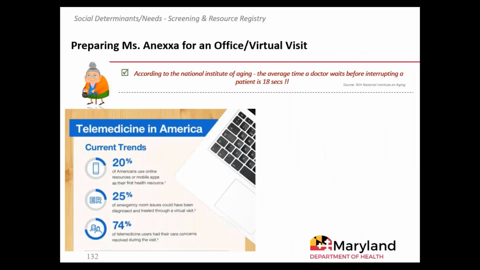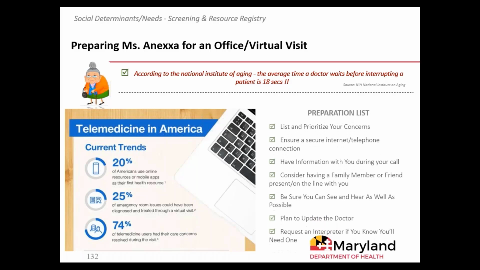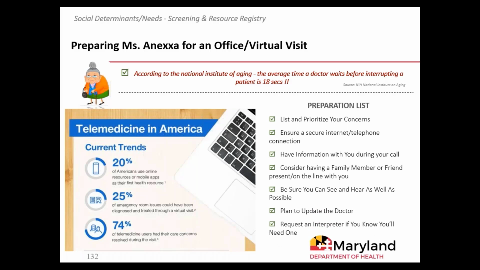So moving forward, another responsibility of the community health worker is sometimes to prepare our patients for their upcoming office visits. So here I just listed some helpful tips that community health workers use to best prepare their patients for their doctor's visit. And again, just to note, due to the current climate with COVID-19, some office visits are being rescheduled or transitioned over to virtual visits as well.